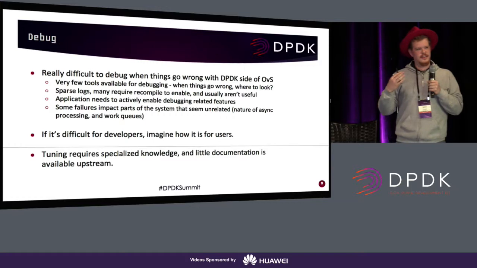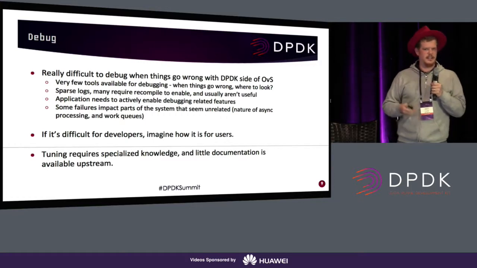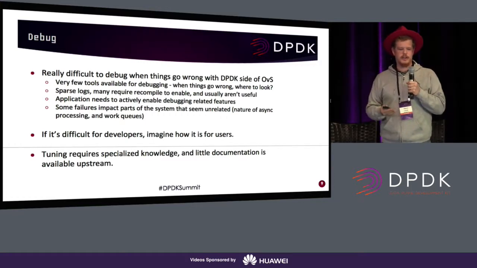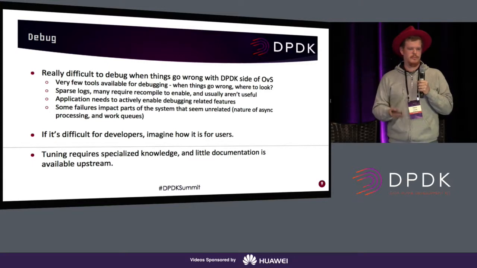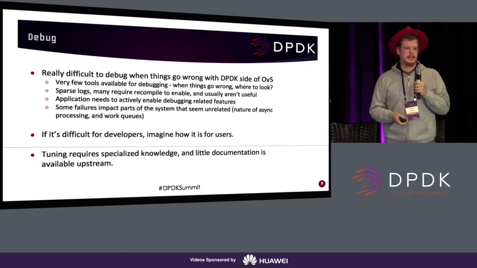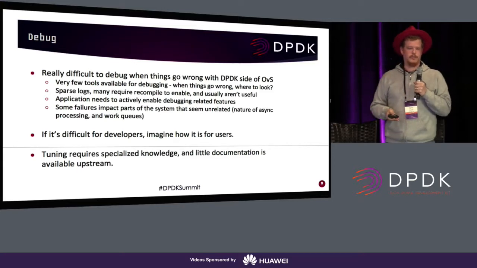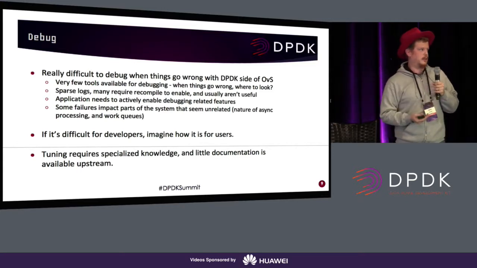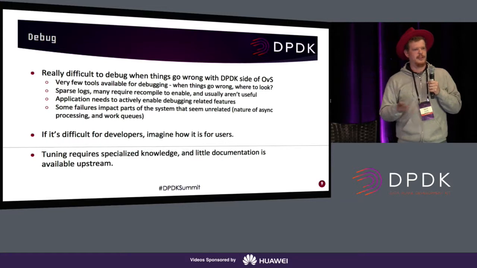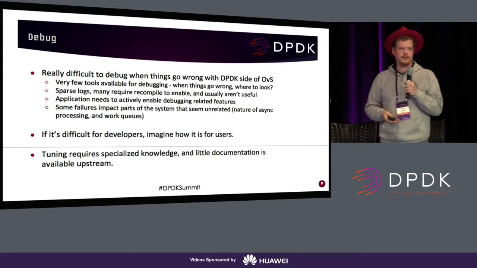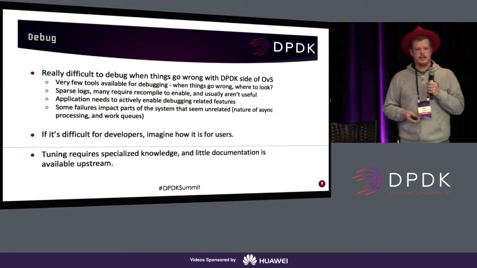So now we get to debug. Debug is very difficult to go through when the DPDK side goes wrong. There's not much available for debugging unless you actually do get a seg fault, and then you have a core dump, and you have lots of great information to sift through. Otherwise, you have nothing.